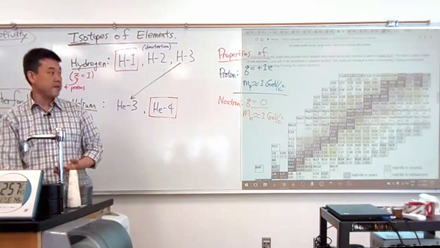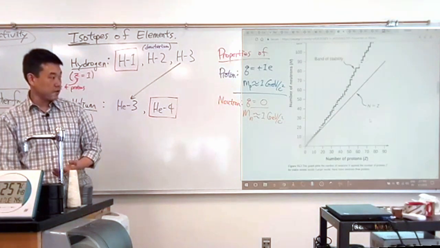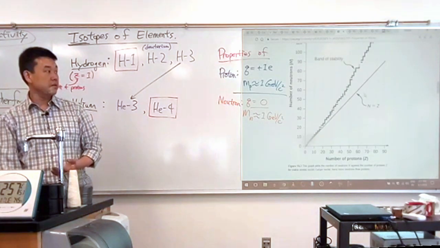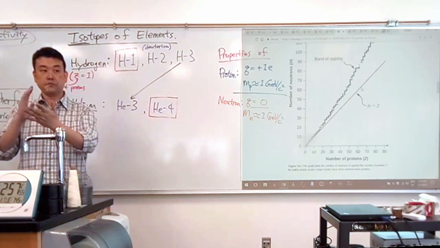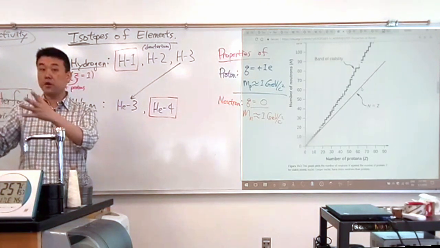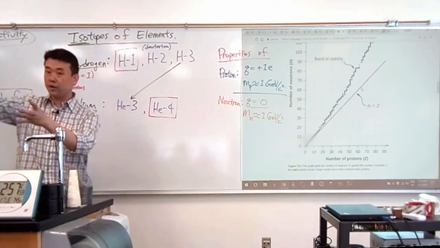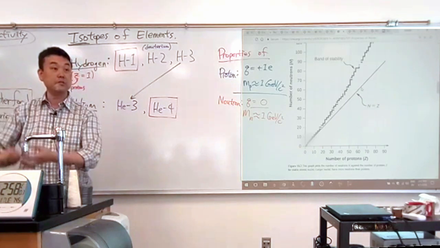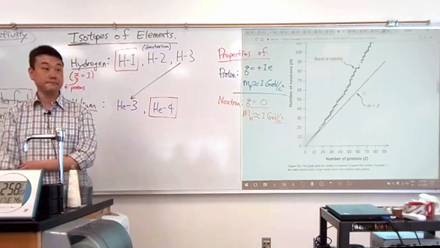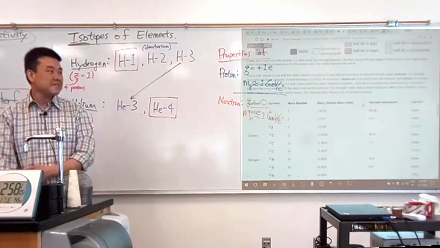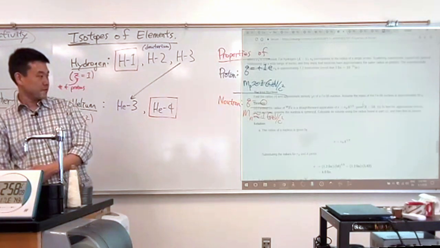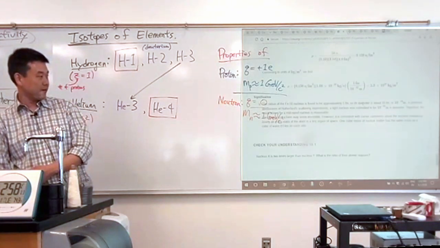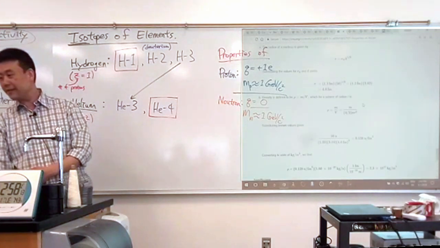Except as you go to higher Z values, the long-range repulsion of the electric force becomes more important, so you have to keep piling on more neutrons to keep the whole thing stable. So that's where we want to leave the nuclear forces. We probably won't go into much more than that.